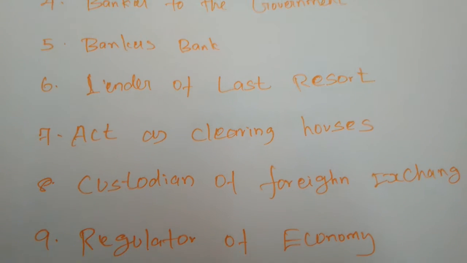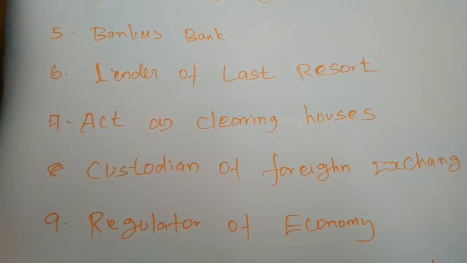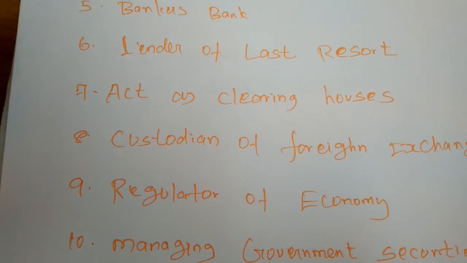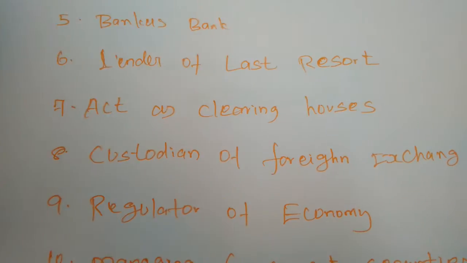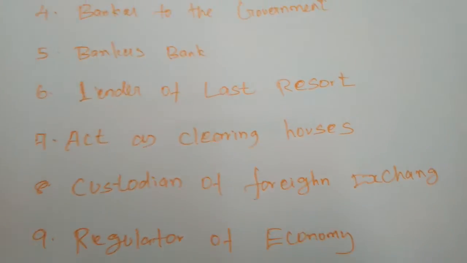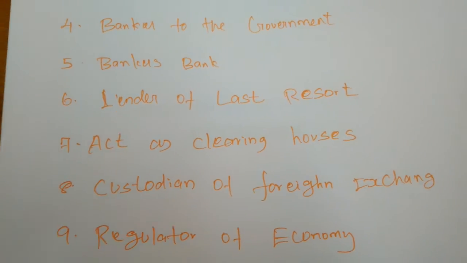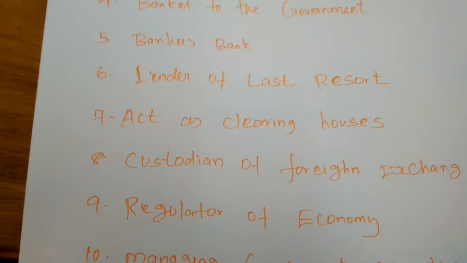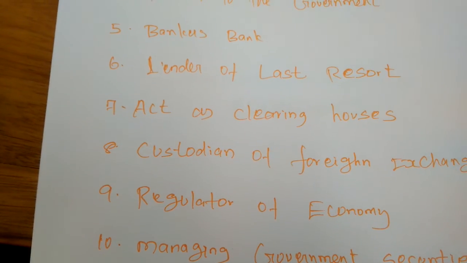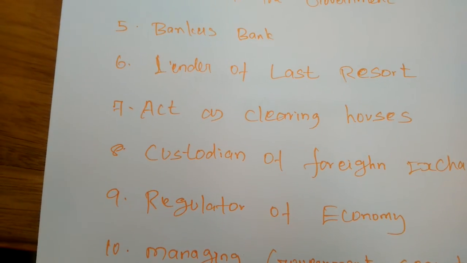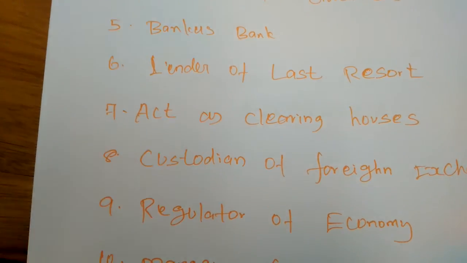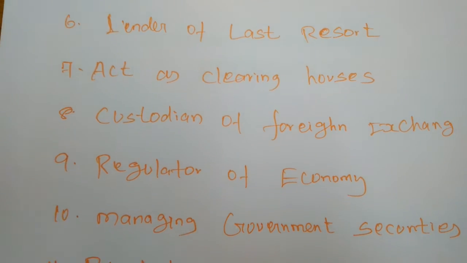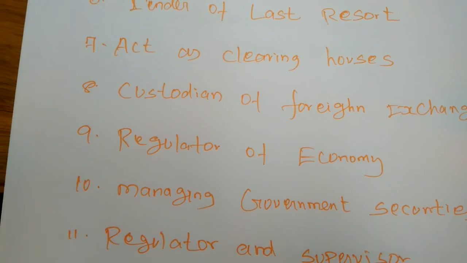Next, act as a clearing house. Clearing houses means, as we have already studied, the settlement of banking transactions. Every bank has some transactions among the commercial banks. For example, if you want to exchange cheques from one bank to another, it is done by the clearing houses only. This facility is provided by the Reserve Bank of India only.